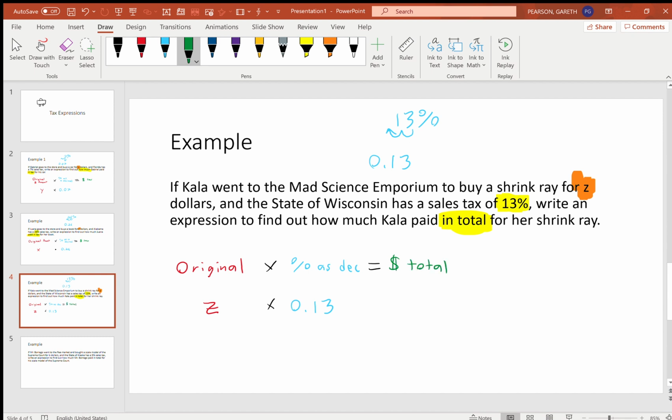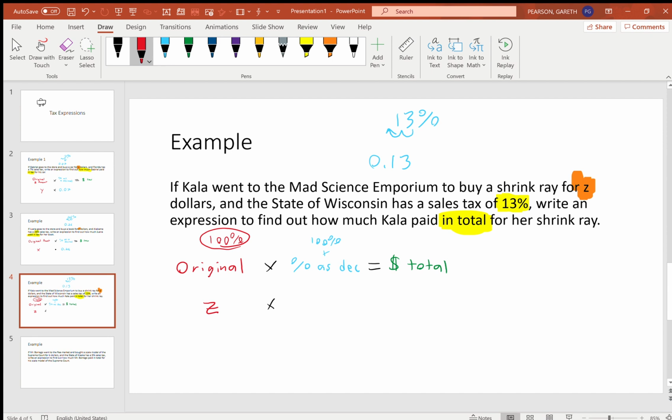Instead of using just our percentage as a decimal, we're going to have to do 100% plus your percentage as a decimal. Why, Mr. Pearson? Why do we do that? Well, your original amount is 100%, always. That percentage stays the same, regardless of however much money it is.